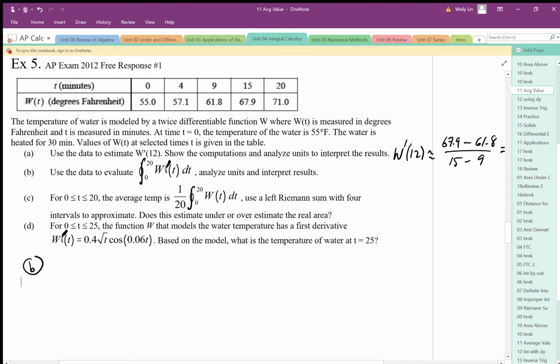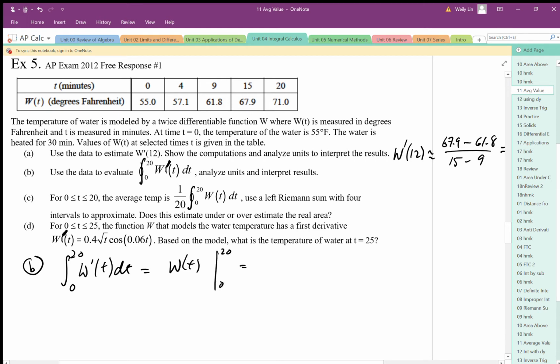If I want to find the integral of this derivative, W prime t, we're really finding the displacement from 0 to 20. So this is going to be the integral from 0 to 20 of W prime of t dt, and that's going to be big W of t, the displacement from 0 to 20.